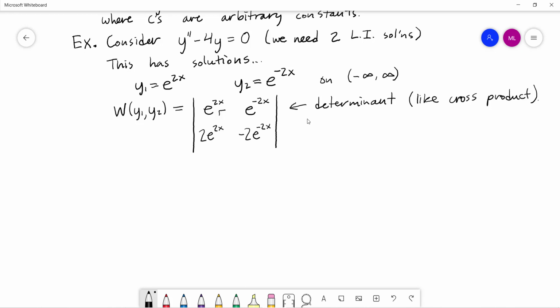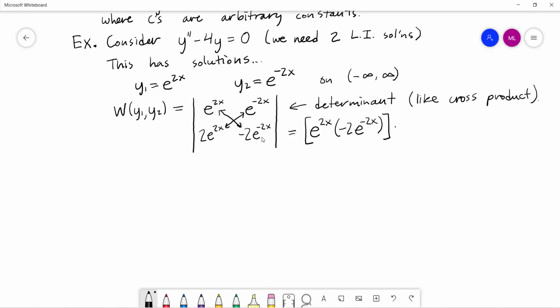I'm going to do the product of these two, and then from that I'm going to subtract the product of these two. So what we're going to get when we compute the determinant is going to be e to the 2x times negative 2e to the negative 2x. Right? So this was our first pair, this one times this one.